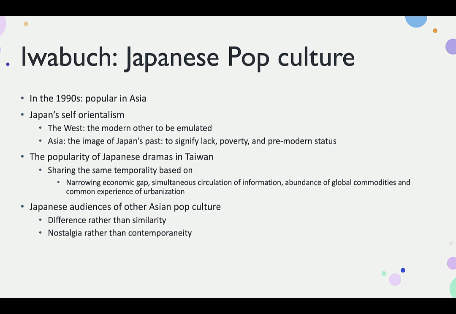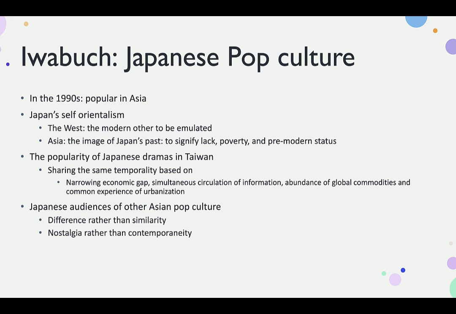He studied Taiwanese fans of Japanese dramas. These Taiwanese fans like Japanese dramas because, by consuming these dramas, they feel like they're living in the same modern time as other Japanese people. Now the economic gap is narrowing.